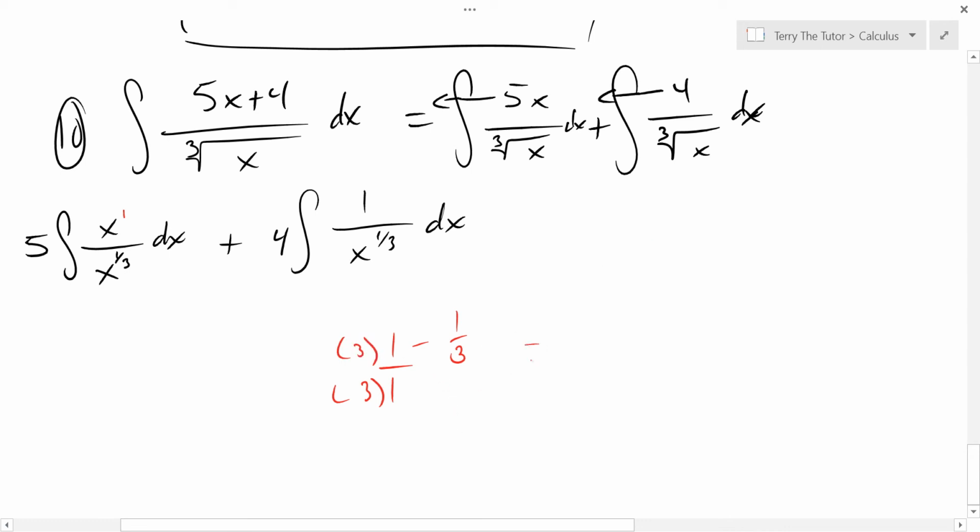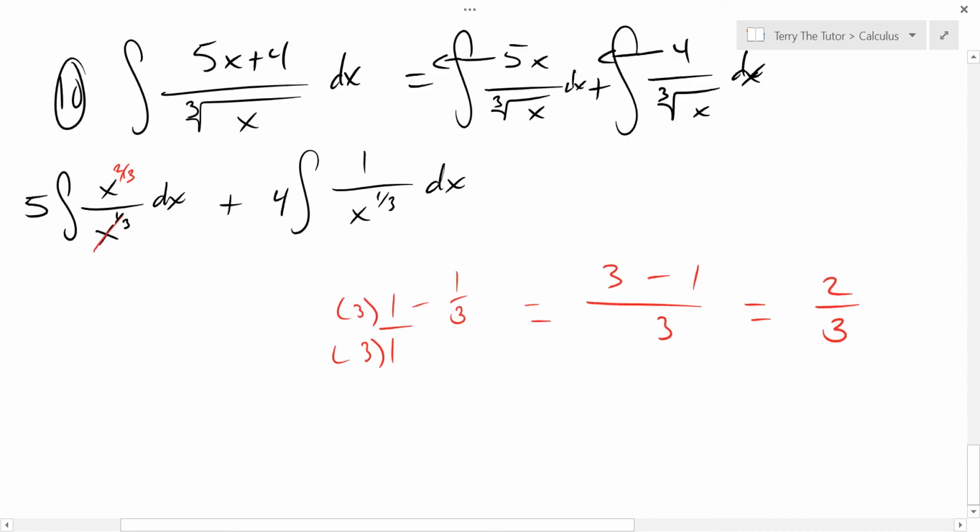So I've got 3 minus 1 over 3 equals 2 over 3. So my numerator is now going to be 2 over 3, and this is going to go away. To the power of 2 over 3, excuse me.